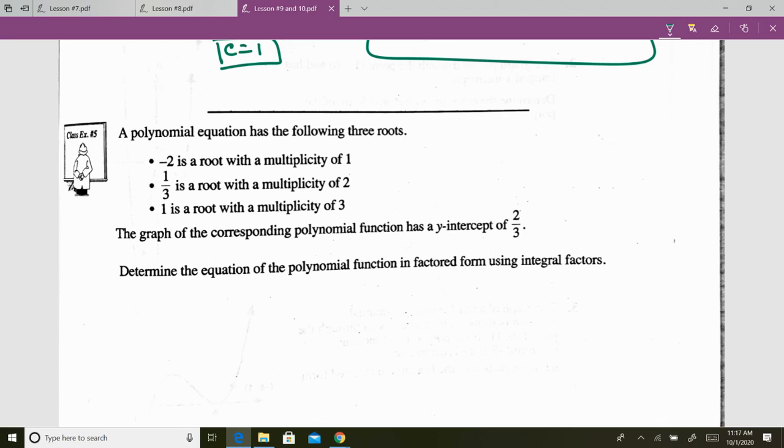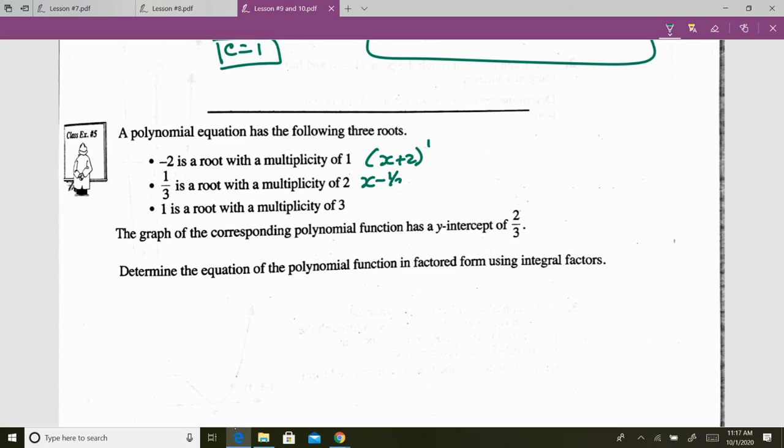So we have 3 roots. We have a -2 as a root. Remember, roots, x-intercepts, and zeros are all the same number. So if I say a root, I'm really talking about an x-intercept. -2 is an x-intercept with a multiplicity of 1. So that means it's like that, right? That's the factored form of it. 1/3 is a root with a multiplicity of 2.